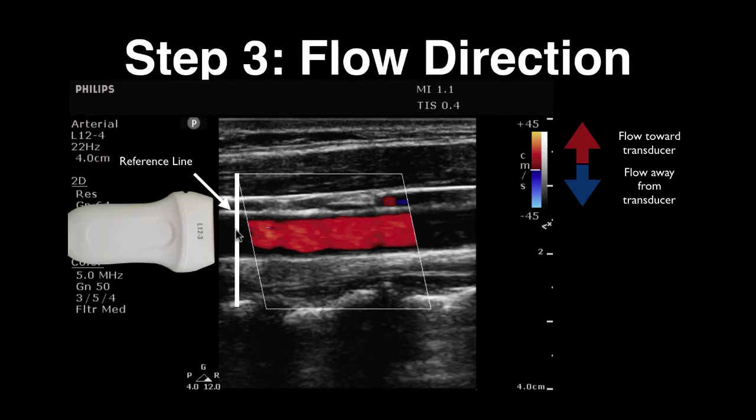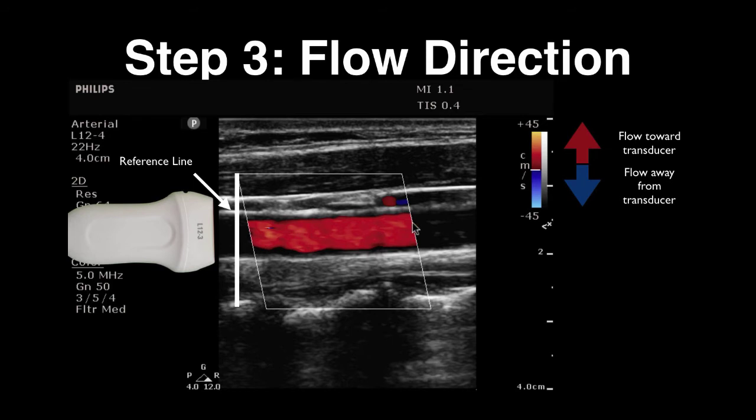Next thing we do to determine flow direction is, since this is our home or reference line, this becomes where our transducer is. Even though we know we're scanning up here because this is the near field, this is the far field, for the sake of determining flow direction, now that we've got our reference line, we can pretend that we've got a transducer here.